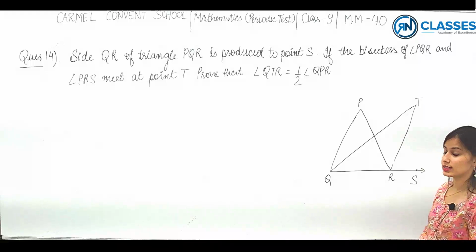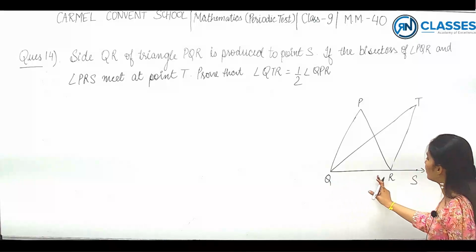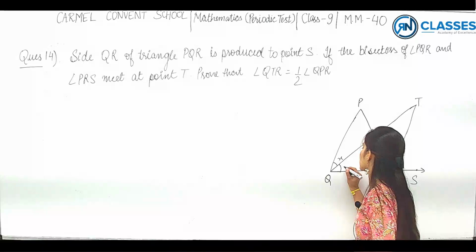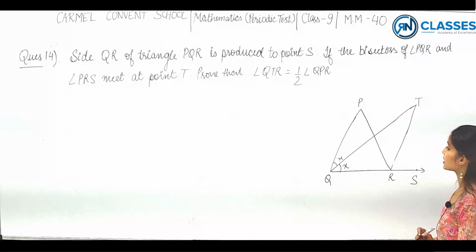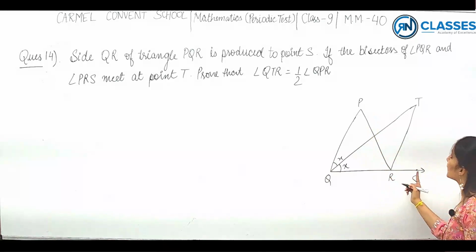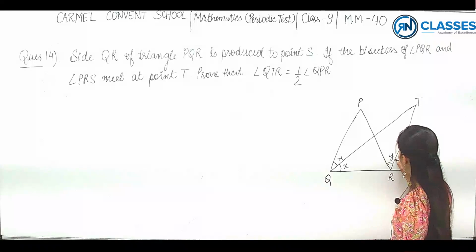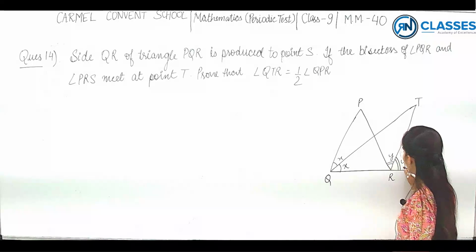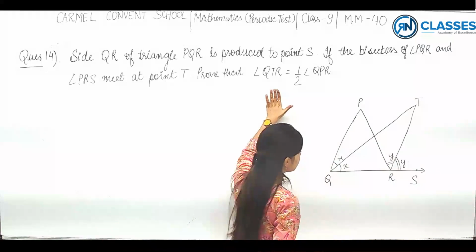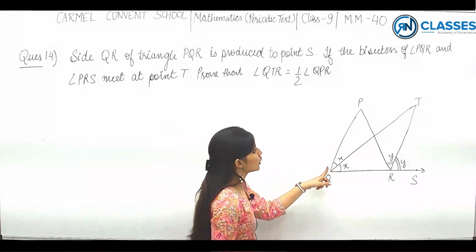QR is extended to S and QT is the bisector of angle PQR. Means if this angle is X, this angle is also X, right? And RT is the bisector of angle PRS. Means if this angle is Y, this angle is also Y, right? We need to prove that angle QTR, this angle, is half of angle QPR.